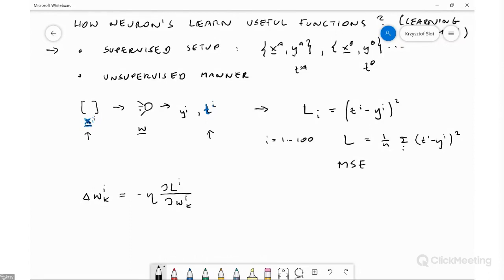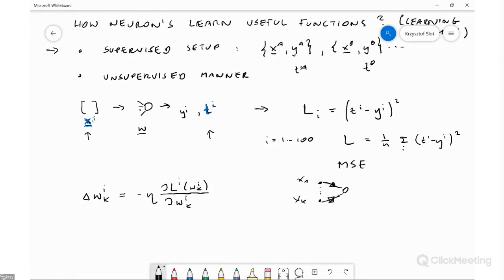This is a general expression that says that if I would like to reduce the value of a function L, the function L obviously needs to be a function of the weight wk at time instant i, where k is the kth weight. So this is my neuron, and I have here x1, and somewhere here xk, and there will be these weights.